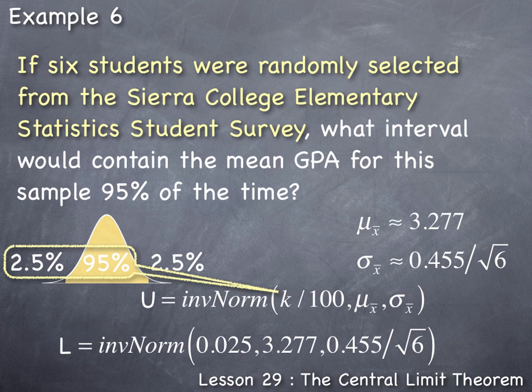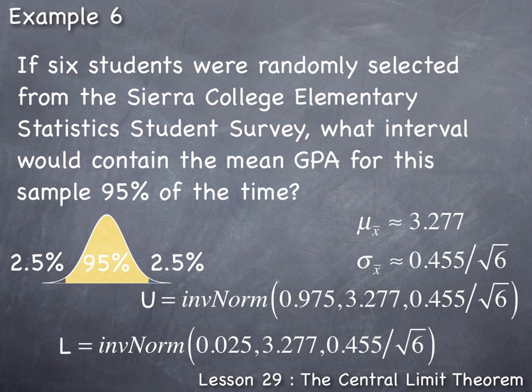We could enter this in decimal form ourselves by typing in 0.975. The mean was 3.277, and the standard deviation is 0.455 divided by square root of 6. Thus, we can enter this command into the TI-84 calculator to find U, the upper limit.